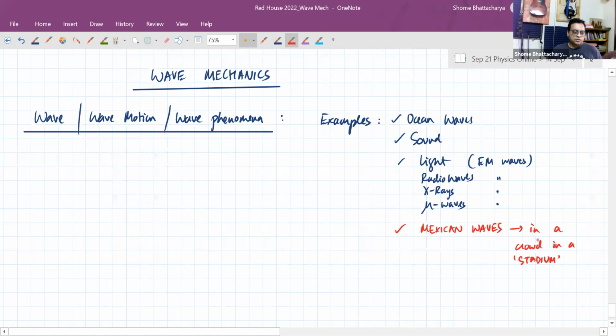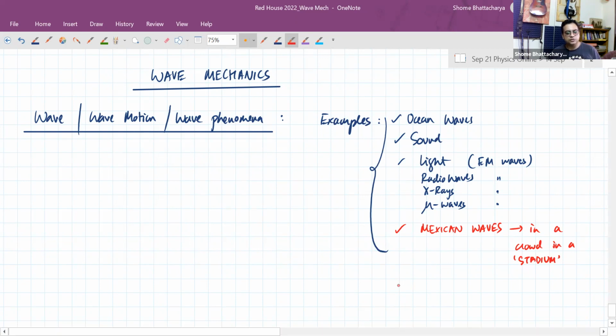Now, what is the common feature in all of these things? They're quite different. Ocean waves on their own are quite different to sound waves or a Mexican wave in a crowd. Or I'll give you an even more abstract example.